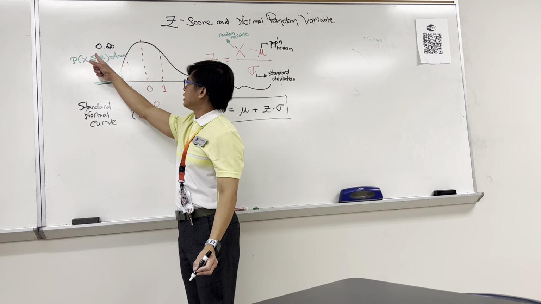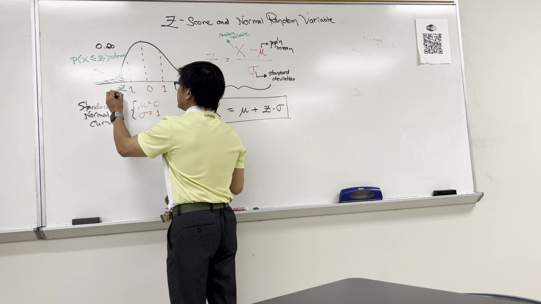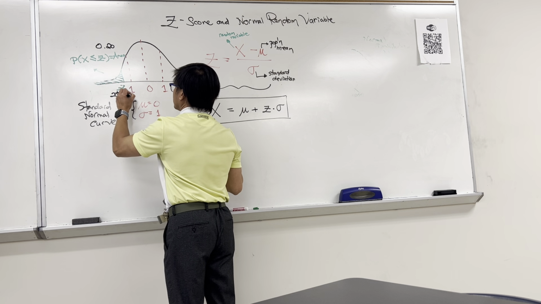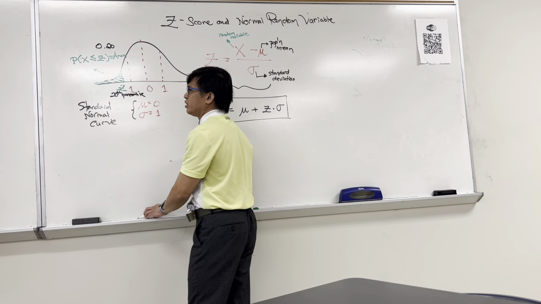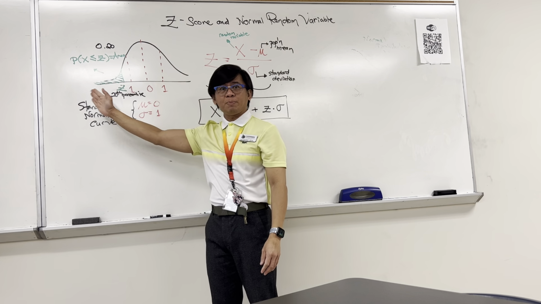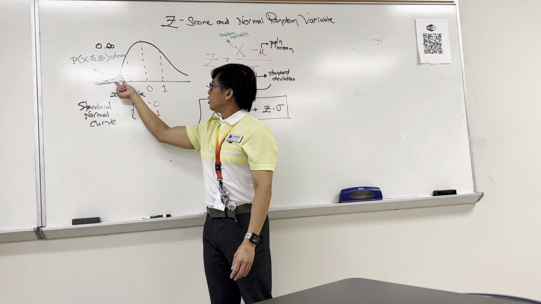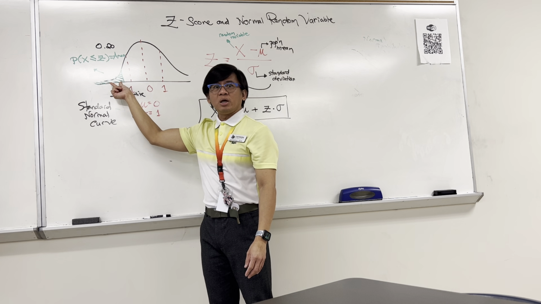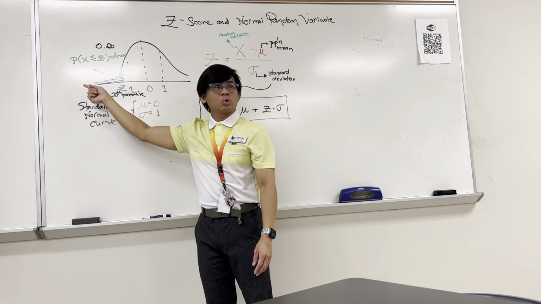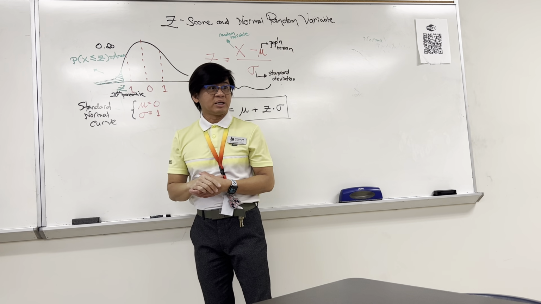If P(x less than or equal to z) turns out to be 0.2, then that means this is the 20th percentile. Okay, what do you mean by 20th percentile? That only means that if there are 100 people in this population, 20 of them will be from that z-score to some other scores below that value, right? That's what we mean by 20th percentile, okay?